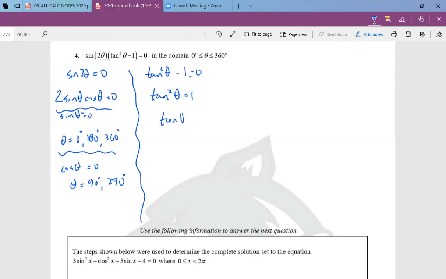Now we have tan theta is equal to plus or minus 1. Remember that tan theta is equal to 1 on the 45s. And it's negative 1, quadrants 2 and 4. All of those together gives me theta is equal to 45 degrees, 135 degrees, 225 degrees, and 315.